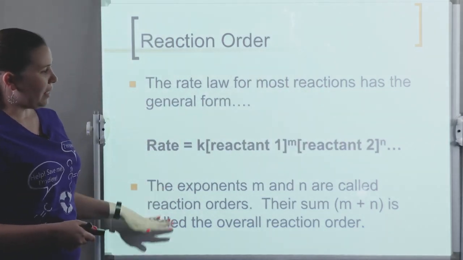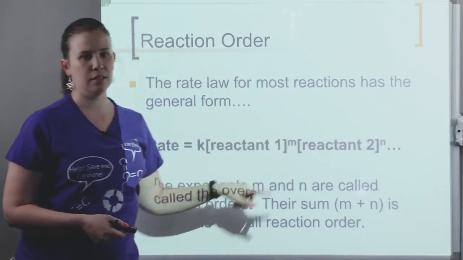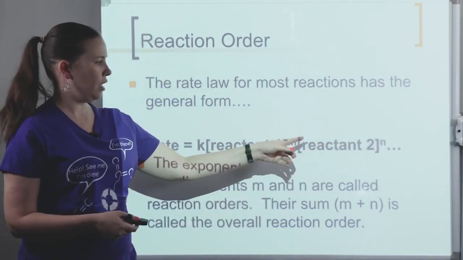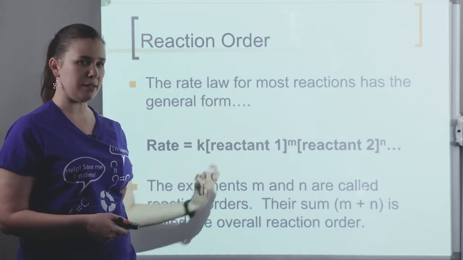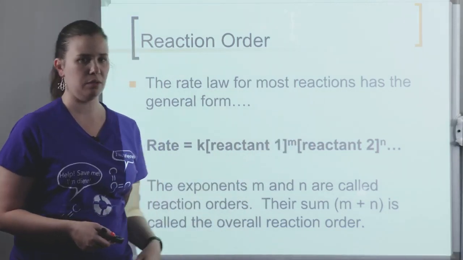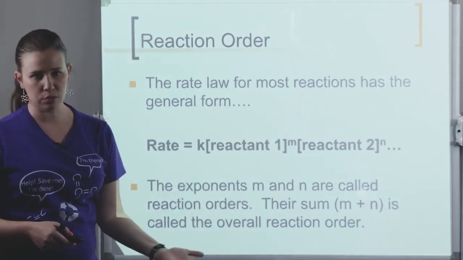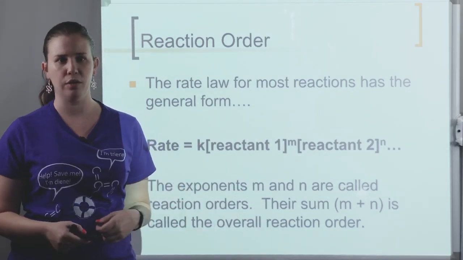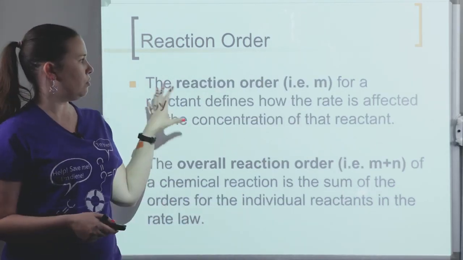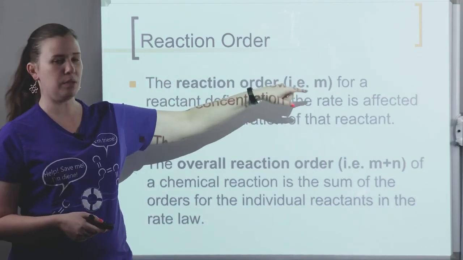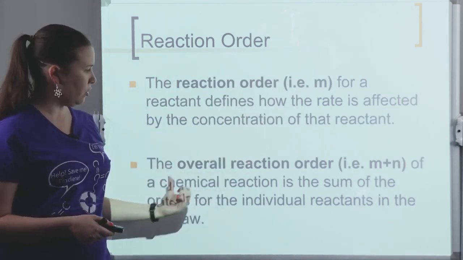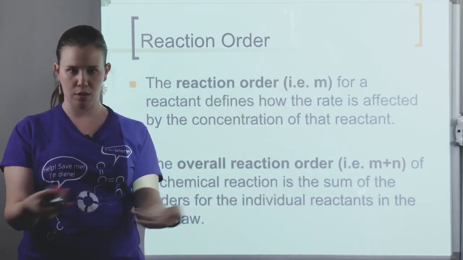So you can also add together the exponents to get the overall order. M is the order with respect to the first reactant. N is just with respect to the second one. But if you wanted to know the total order of the reaction, you would add them together. Call it the overall order. So the reaction order itself would be the individual M or N, and the overall reaction order would be what you get when you combine them.